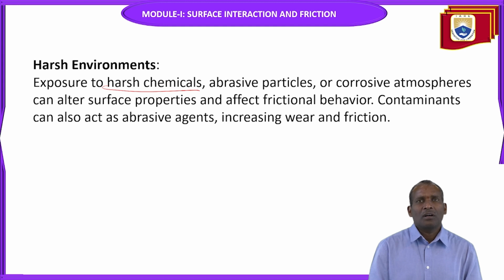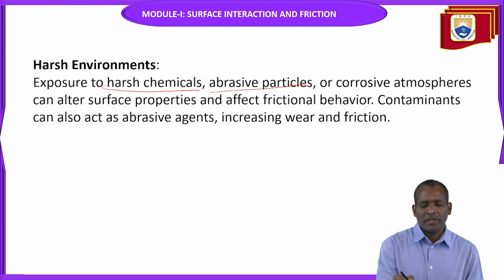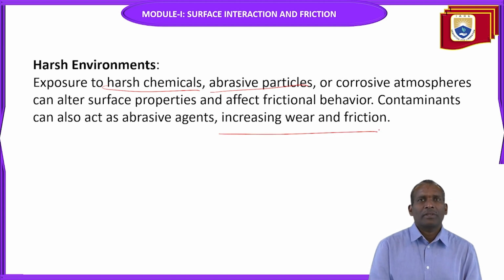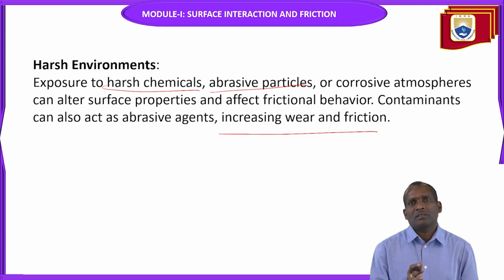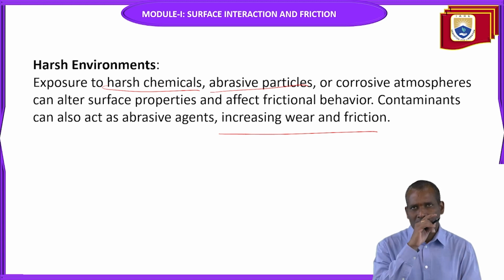Due to harsh chemicals and abrasive particles, wear and friction will increase. That is why the engineer should always avoid these harsh environmental conditions. Better to keep the components in a safe place.